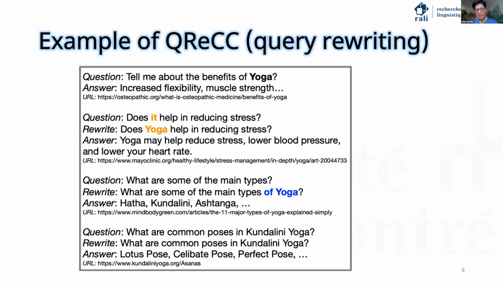So this is what we should do by an automatic rewriting process to reproduce this manual rewrite. And in the third question, again, there is a missing concept of yoga. So the goal of this rewrite is to complete the query by adding yoga. So you can see the purpose of this data set.